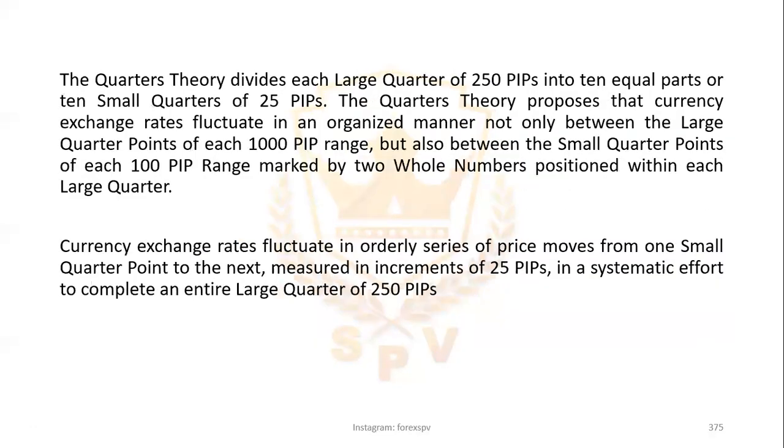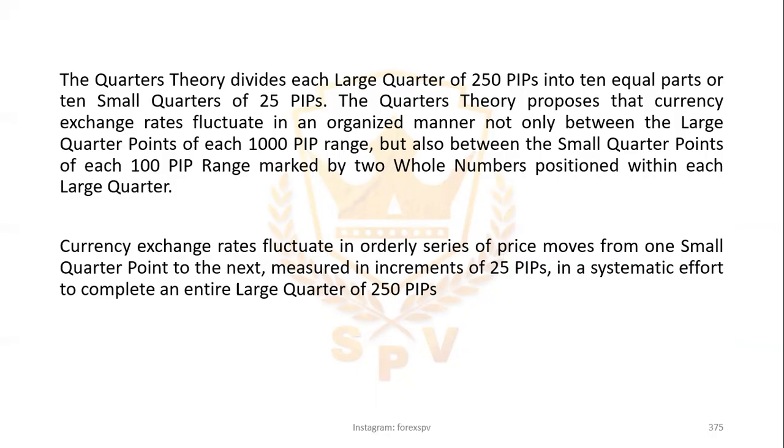So quarter theory divides the large quarter of 250 pips into 10 equal parts, and each part is called a small quarter, which has a range of 25 pips. So this 250 pips range also completes in gradual increments of 25 pips.